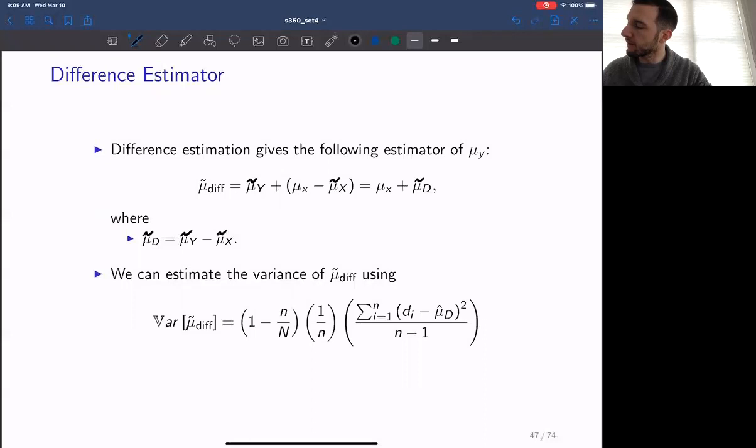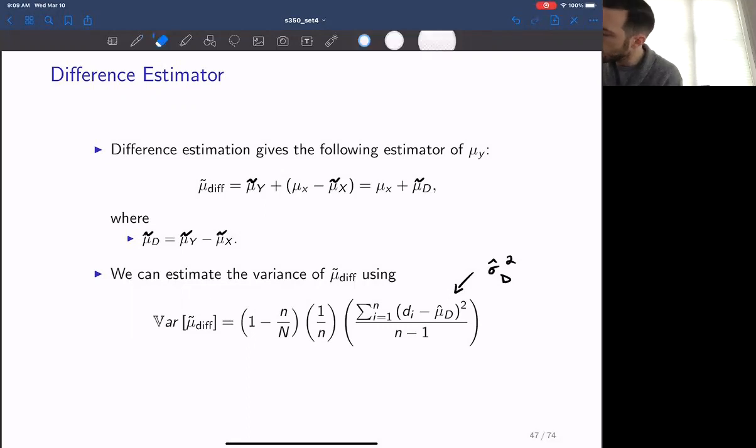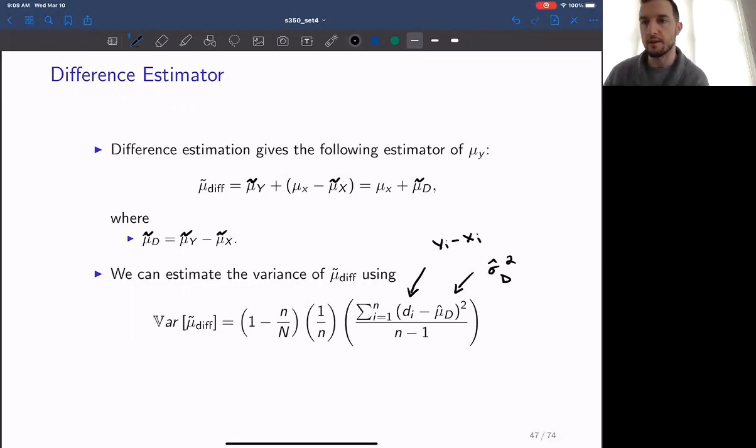And then we have this novel term, if you will, and we can think of this thing as simply an estimate of the variance of the differences in this case. And here we have a d_i term, right? So this is y_i minus x_i for each observation in the data set.